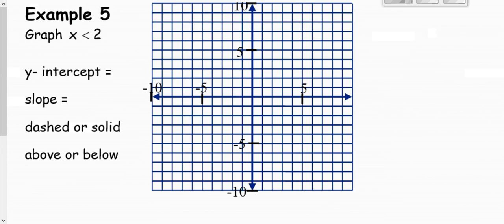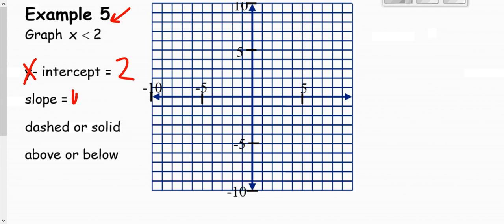What if it's x is less than 2? This time there is no y-intercept, but there is an x-intercept of 2. Do you see how there's no y in the equation? Remind me, is this a 0 slope or an undefined slope?